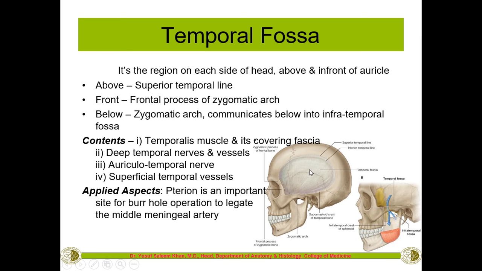So if there is intracranial hemorrhage, they do a burr hole surgery where they put a hole into the pterion, catch hold of the middle meningeal artery which is very close to this part, and tie it up so that they can stop the intracranial hemorrhage. So clinically, the temporal fossa is very important because of this surgery.